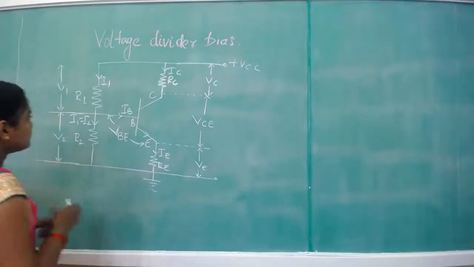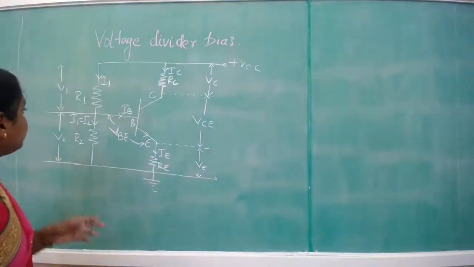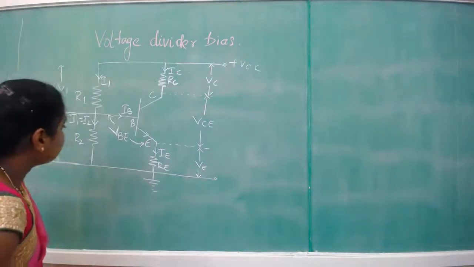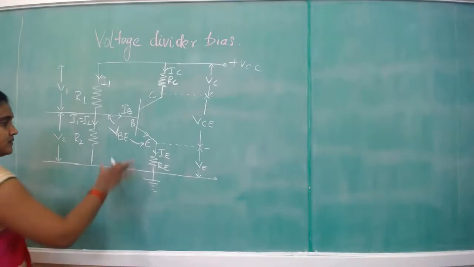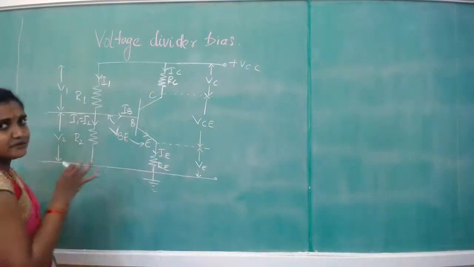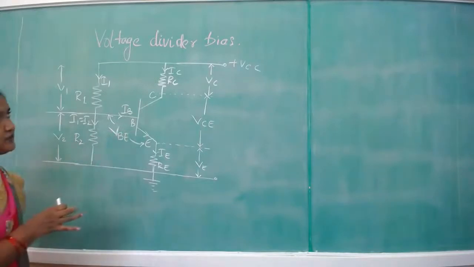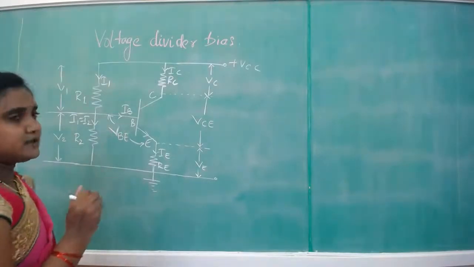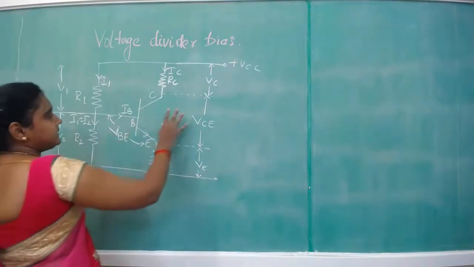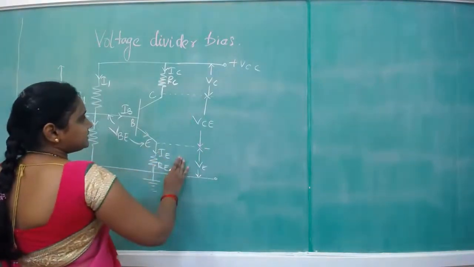So this is the circuit for voltage divider bias, where we can see two portions. This is the input portion of the circuit, that is to the base terminal. In the analysis of this circuit, we will be considering two loops, one applicable for the base terminal and another applicable for the collector terminal.